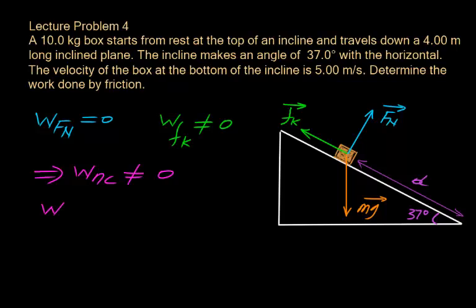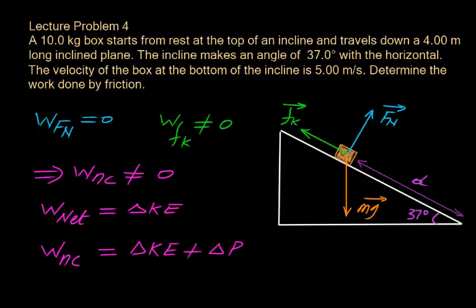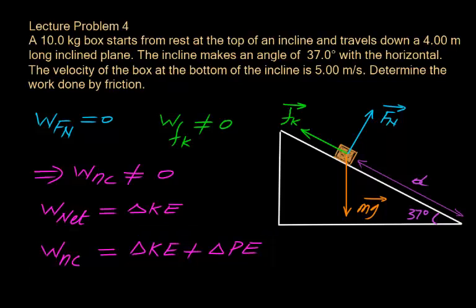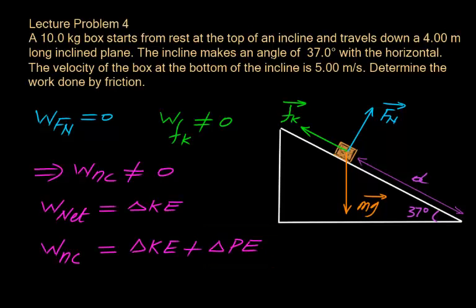The work done by the net force equals the change in kinetic energy, or the work done by the non-conservative forces equals the change in kinetic energy plus the change in potential energy. The second equation is the best in my opinion because it takes care of the work done by the conservative forces and places that energy in the change in potential energy quantity.